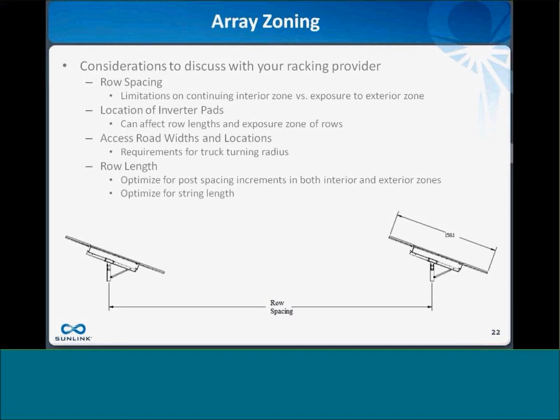So for instance, if you're spanning 3 modules or 3 panels, 3 4x1 panels between posts in the interior zone, and you're spanning 2.5 panels between posts in the exterior zone, you want to find an increment of panels as your total row length that will maximize your ability to use that post spacing throughout the row. And you also want to optimize for string length. So you want to make sure that each row has a finite number of strings so that you don't have to trench between your rows.